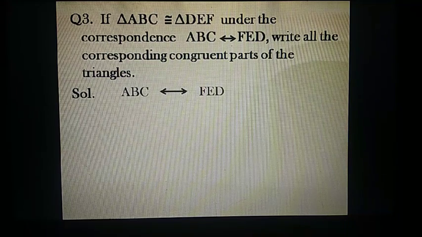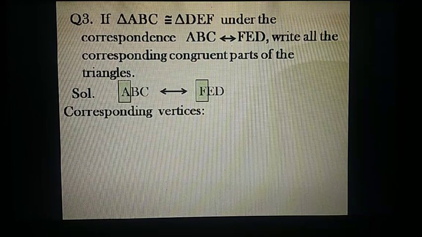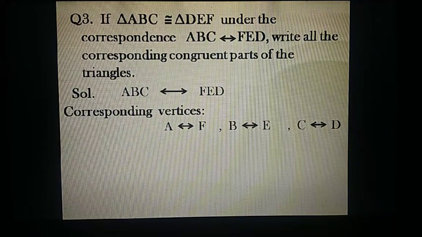First, the correspondence is given to you as ABC corresponds to FED, which means the first letter on the left-hand side will correspond to the first letter on the right-hand side, that is A corresponds to F. Next, second on the left to second on the right, that is B corresponds to E. Similarly, C will correspond to D.